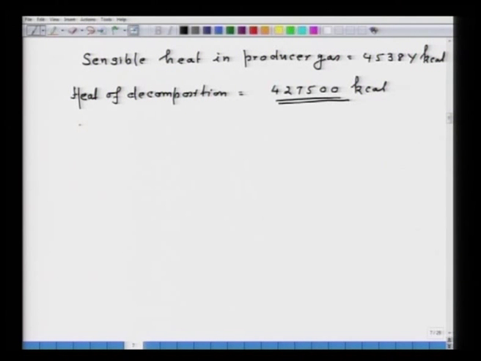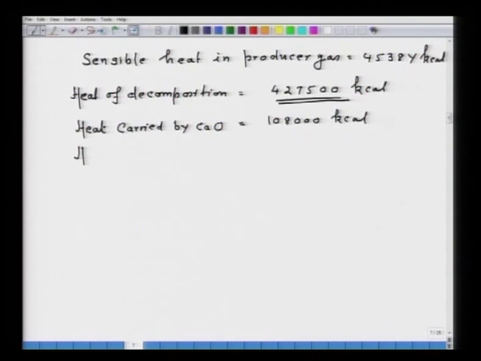Now, heat carried or taken by calcium oxide, because it is discharged at 1200 Kelvin, that is equal to 108000 kilocalorie.